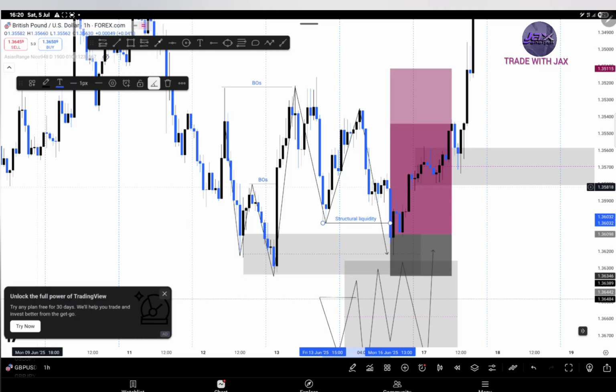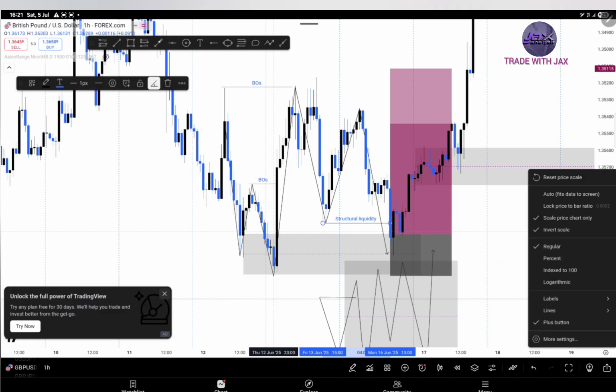We call this one structural liquidity. And the structural liquidity didn't tap into the QMR and didn't tap into the other block in the protected low. That's a very good sign that that zone is unmitigated, because of the key factor there. Unmitigation is very important. So price came in, tapped it, and pushed up.